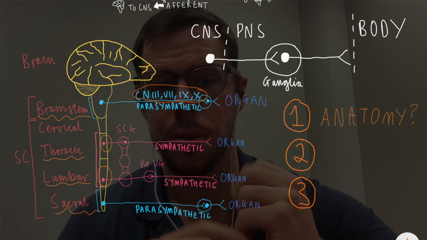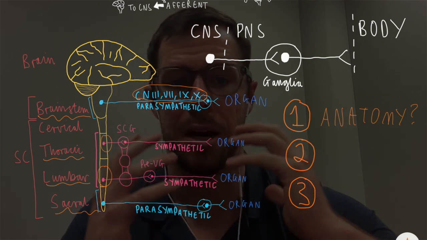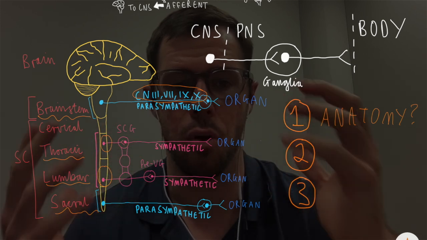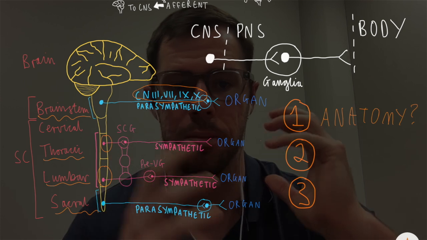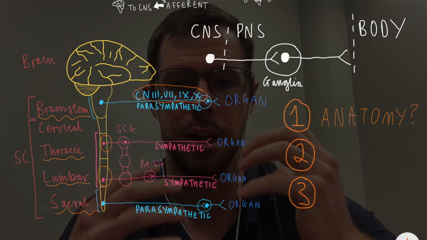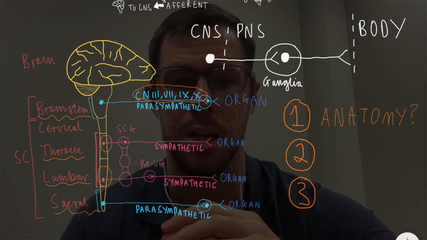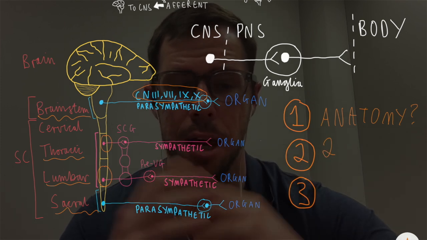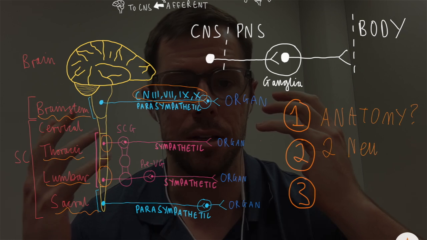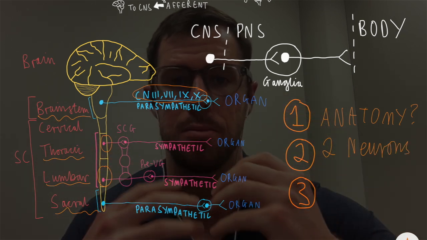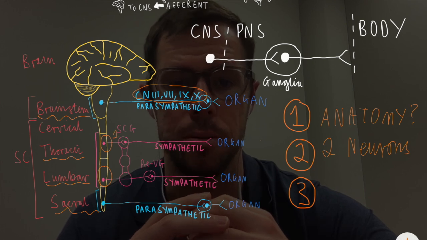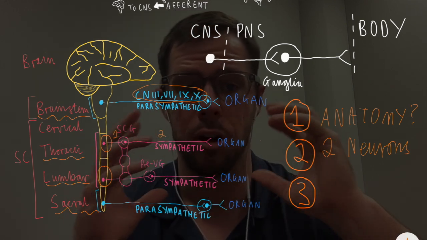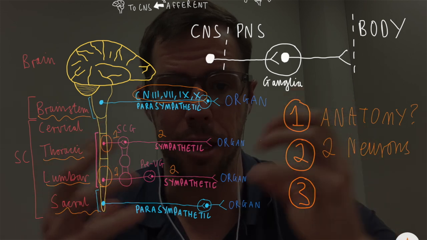Number 2, unlike motor nerves in the somatic nervous system that contain neurons with axons that extend all the way from the spinal cord to the muscle, both sympathetic and parasympathetic nerves contain 2 neurons arranged in series, aka for autonomic signals to travel from the nervous system to effector organs, they must travel through 2 neurons. This means that autonomic nerves contain what we call ganglia.